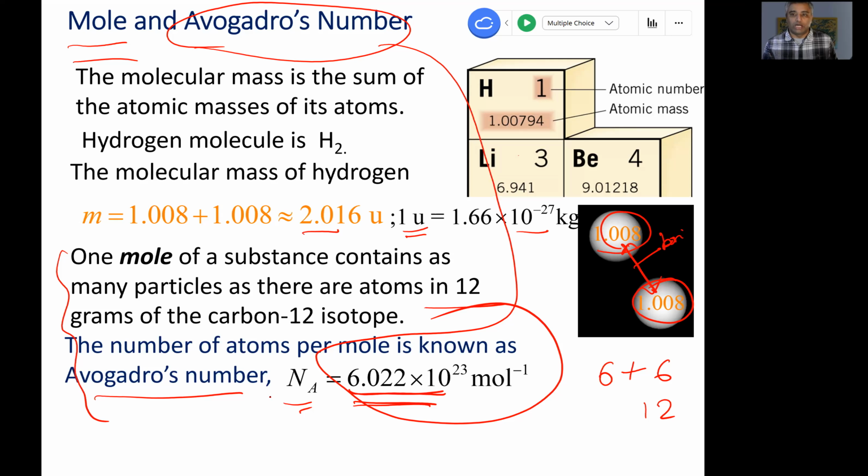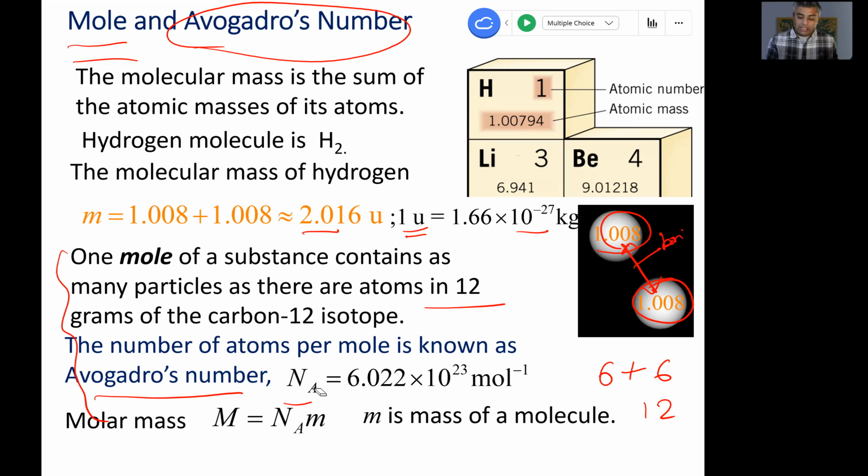Okay. So now, if we know the mass of a molecule or atom, and since we're going to be talking about gas, let's say these gases exist in molecular form rather than the atomic form. So that's why it's saying the mass of a molecule is m.